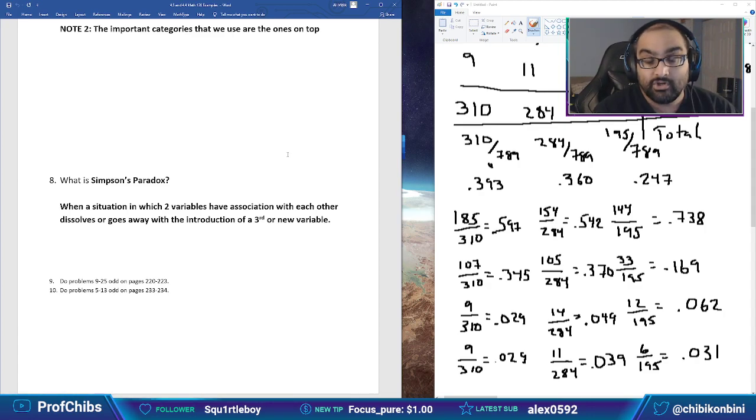What if we introduced a third variable where that relationship no longer holds true? Maybe the favorability of immigration goes away within the Hispanic community. Maybe a conflict or war happens, and opinions change. That can easily happen. That's the introduction of a third variable that could dissolve that relationship entirely.